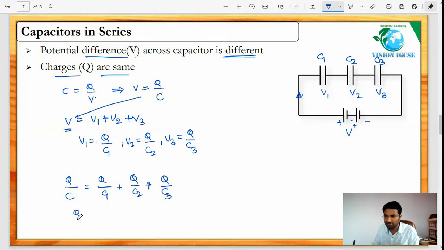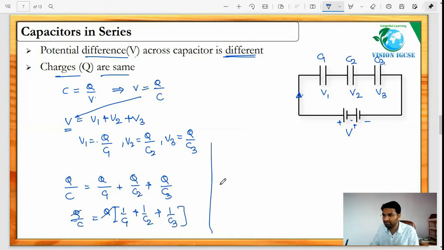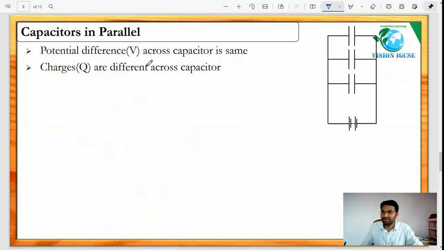So Q over C is equal to Q times 1 over C1 plus 1 over C2 plus 1 over C3. This Q gets cancelled out, and you have the final derivation for capacitors in series: 1 over C is equal to 1 over C1 plus 1 over C2 plus 1 over C3. Getting it? Right. So next, capacitors in parallel.